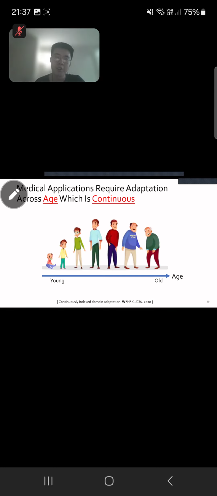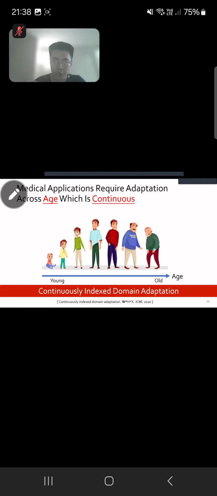Specifically, for example, in medical applications, doctors may want to transfer models across patients of different ages, and here patients of different ages correspond to different domains. The age here is a continuous concept. Therefore, we call this problem continuously indexed domain adaptation.